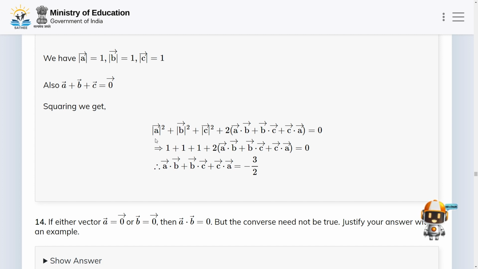Square. This is 1, this is 1, this is 1. So 3 plus 2 times the dot product of AB plus BC plus CA. Rearrange your terms. You will have the dot product of AB plus the dot product of BC plus the dot product of CA is going to be minus 3 by 2.